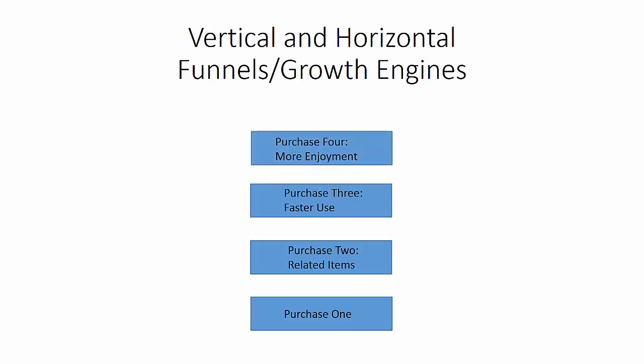We could encourage them to make another purchase or a similar purchase that will help them to enjoy what they have purchased even more. Finally, at that purchase, we can encourage them to upgrade, to get a better quality of what they have already decided to purchase in order to, again, have more satisfaction or to enjoy their purchase more.